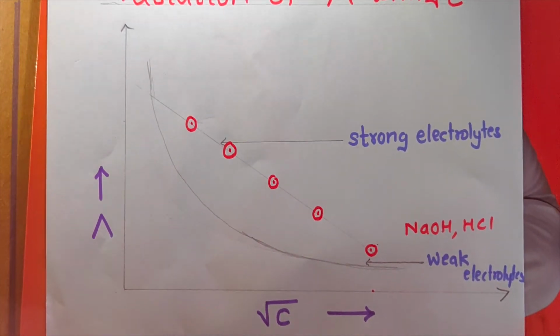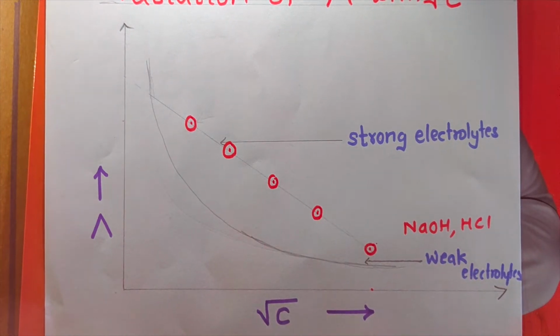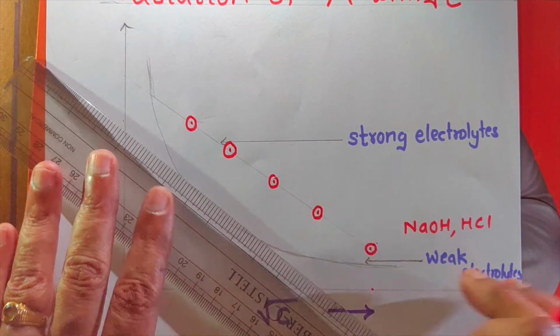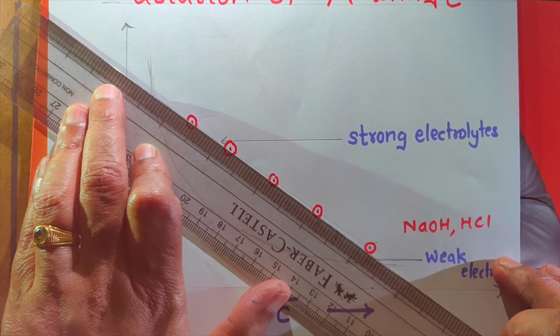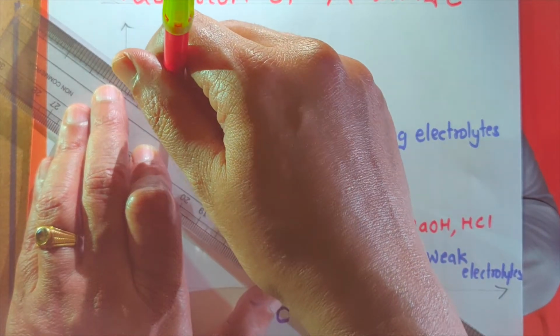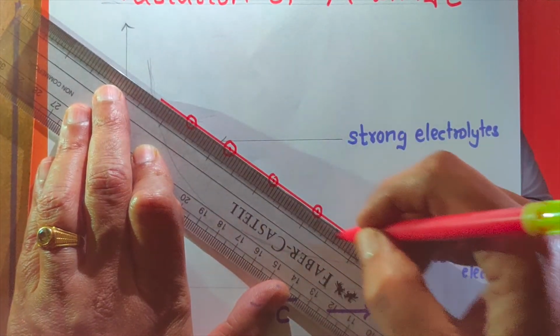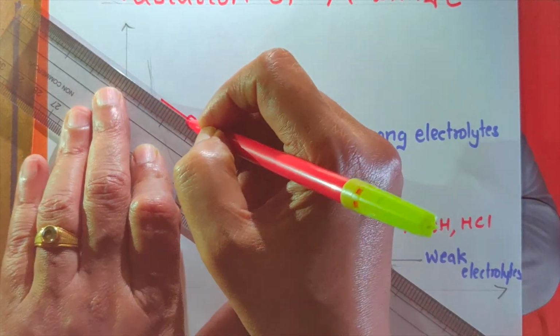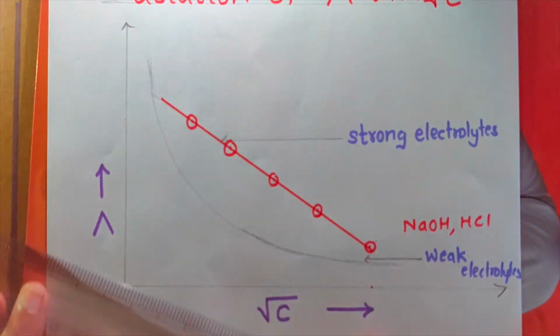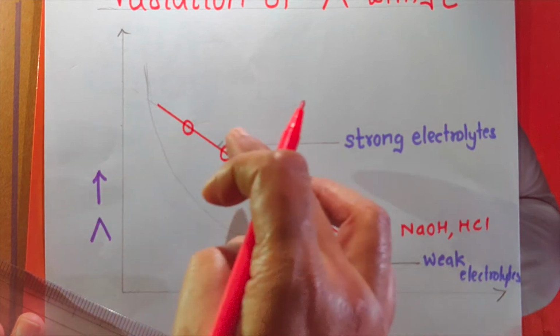Now what will be the value of molar conductivity at zero concentration? When we plot this graph, you can obtain a straight line. Suppose I explain how these points are obtained. We have plotted these points from observations, but beyond this, after further dilution, you cannot obtain the value.